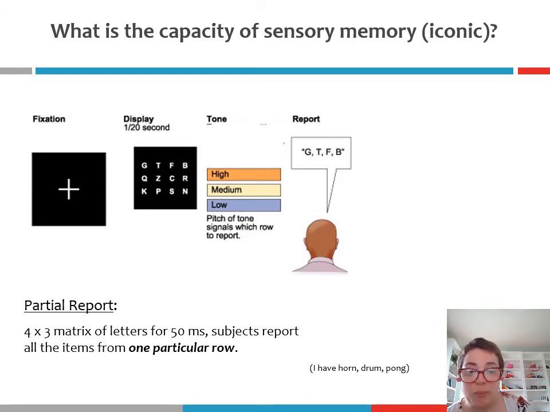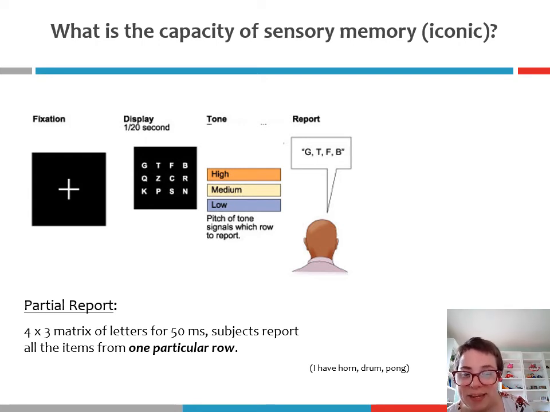In this case, we would have the same fixation cross to tell our participants where to look. They would see the same display for 1/20th of a second. However, they would also hear a tone, and this tone would tell them which row they were responsible for reporting, right?